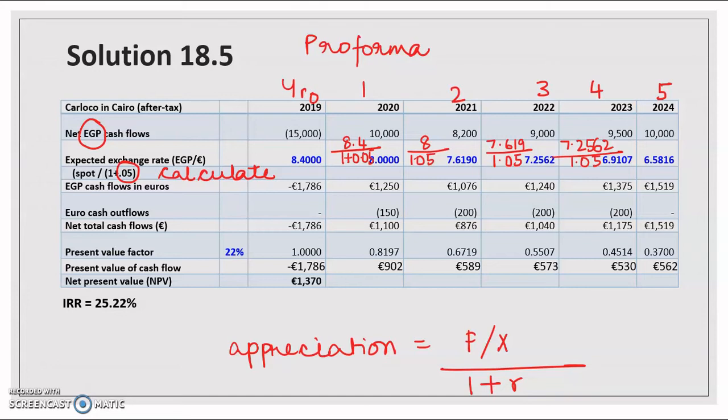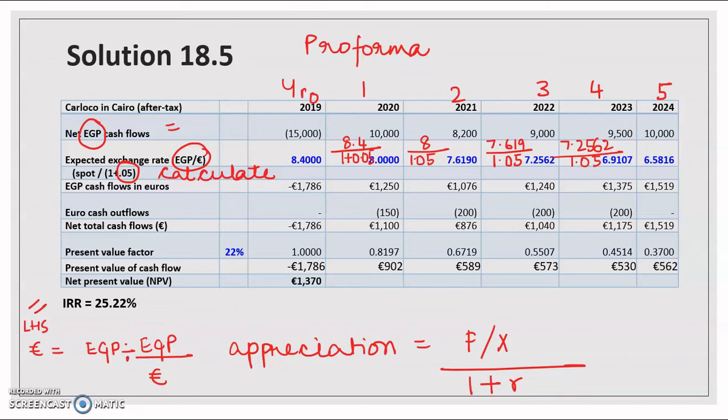After you've listed the exchange rate movement, you're going to apply the exchange rate. So you are essentially looking for euro, which is your left hand side. Your Egyptian pound cash flows is already given here. Your exchange rate is denoted as Egyptian pound by euro. So you're going to divide it to get your left hand side.